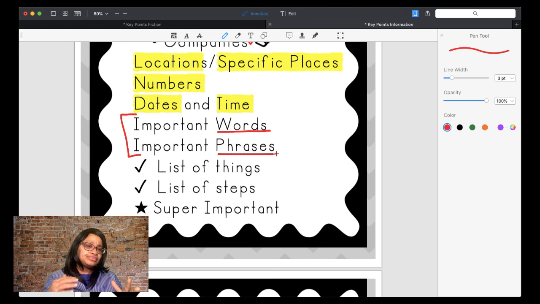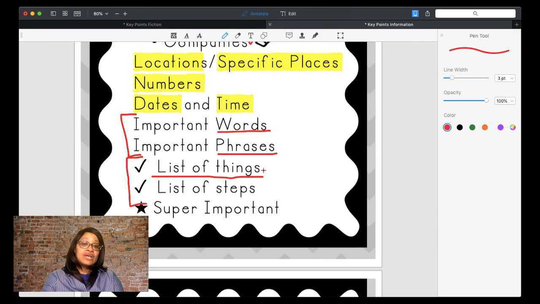So we want the students to pay attention to these important words and important phrases so that they can set up their conceptual models.